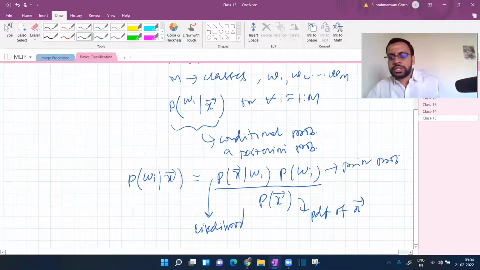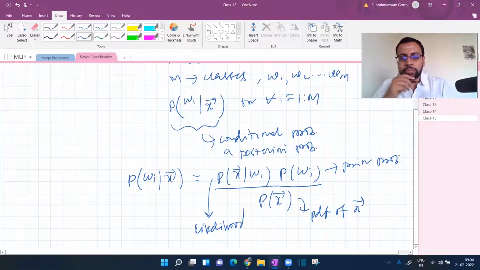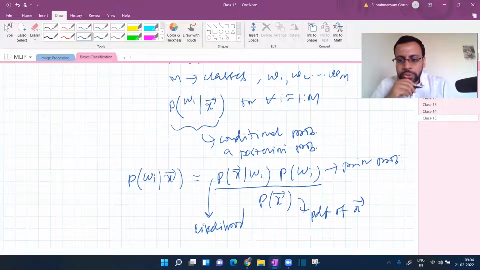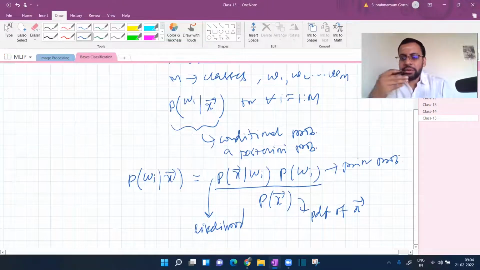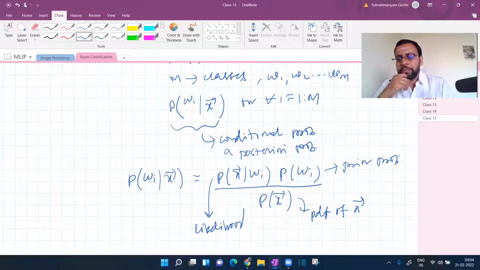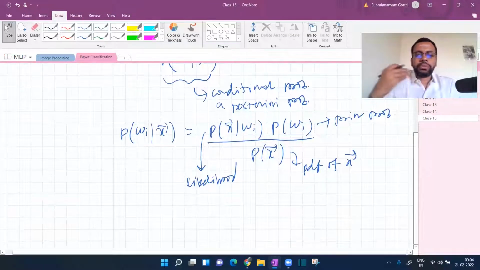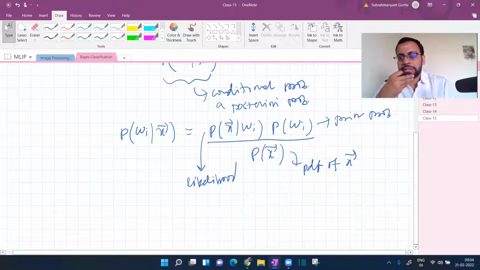Now, we have discussed in detail how P of x bar can be computed from the likelihoods and prior probabilities. We have discussed, given a training set, one possible way of computing prior probabilities. We have also discussed one possible way of computing the likelihood functions. And then for the analysis purpose, we made certain assumptions.